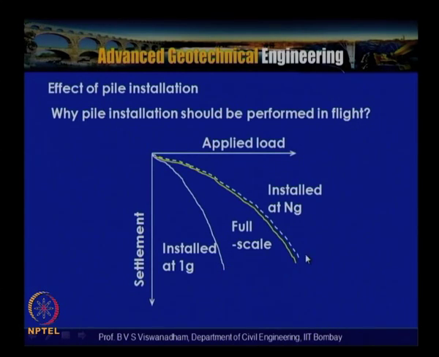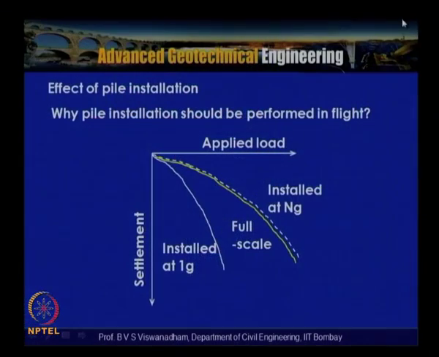But if you have a system with a soil body into which the pile is driven using a certain type of robotic actuator, and once the pile is driven you test the pile, then the applied load settlement behavior was found to be very close to that in the full scale.